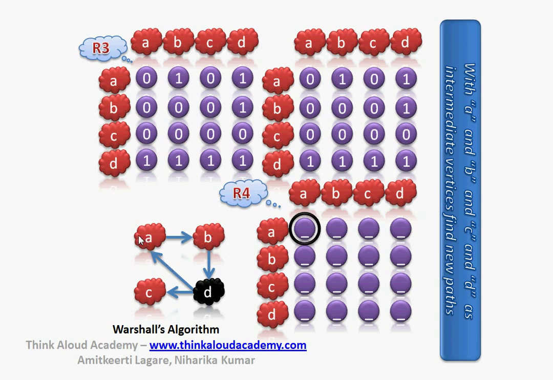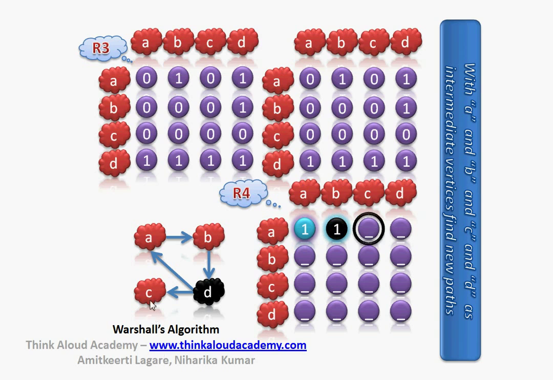So what you see is R3. In the step R3, I don't find any new paths, so this particular matrix is the same as R2. This actually happens because C does not have an outgoing edge, so C can never be an intermediate vertex to anything. So R3 is the same as R2, and R3 becomes the input for the next step, that is to find new paths with D as intermediate vertex.